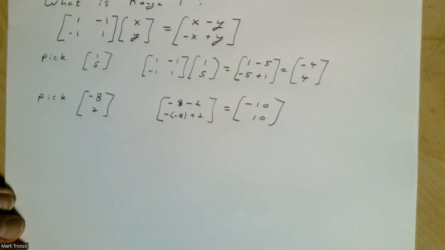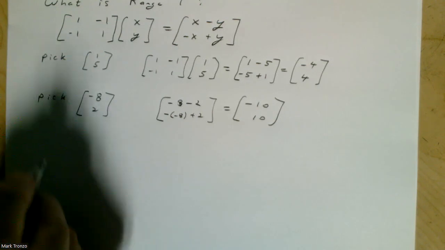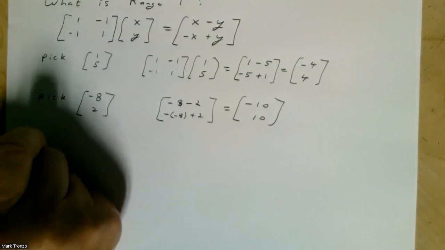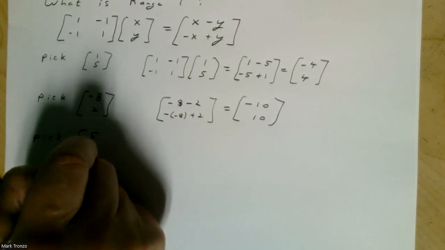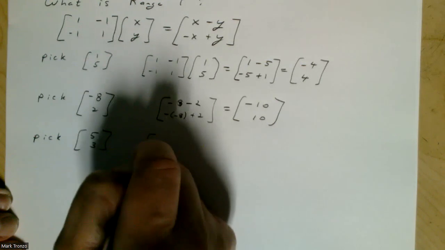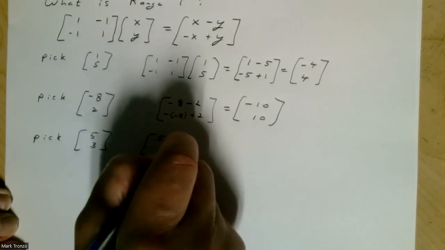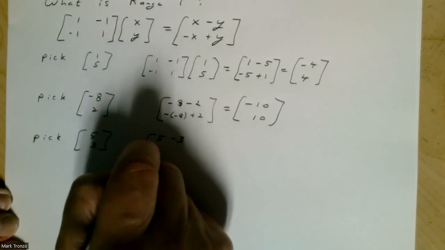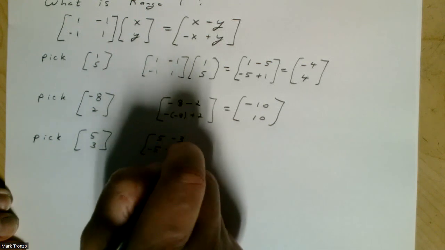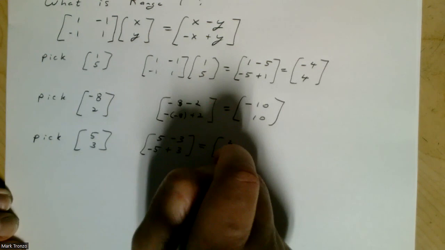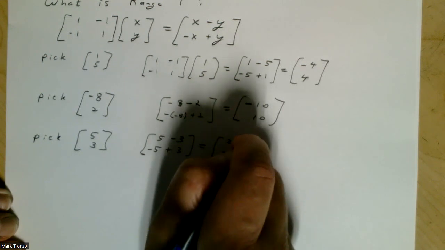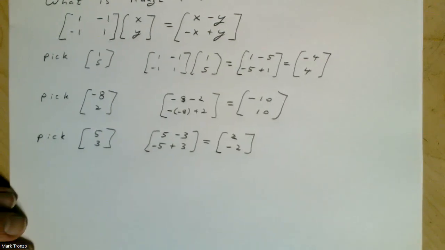And let me pick, I don't know, 5 and 3. 5 minus 3, minus 5 plus 3 is going to give us 2, minus 2. So you're pretty much seeing what we're going to get out.